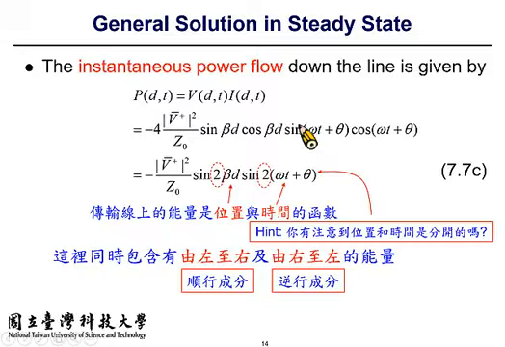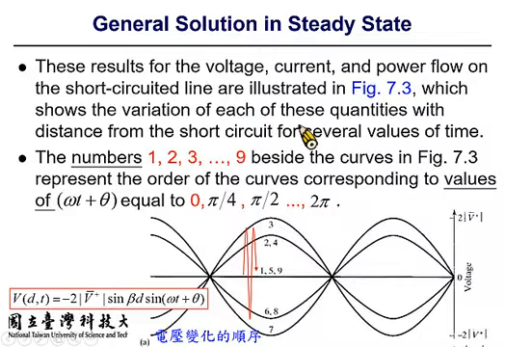As the plots in the following figures show, they can be viewed as the so-called standing wave, which is formed with both forward-going and reverse-going components of the same magnitude. That's the basic condition required for forming a standing wave.